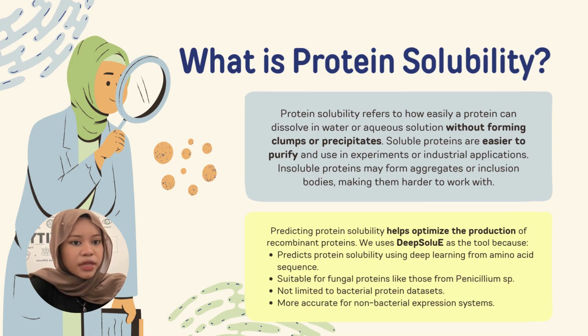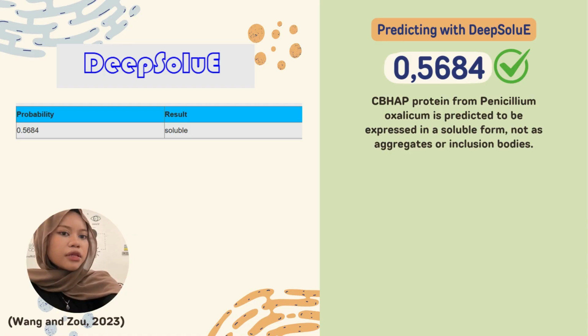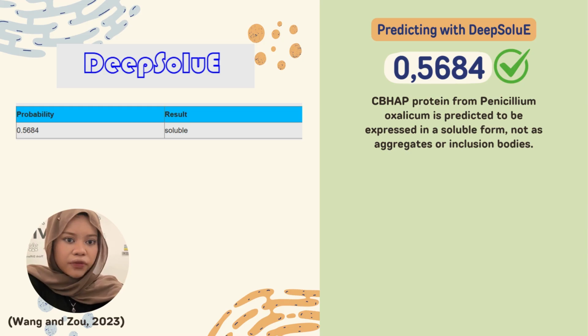Unlike many other tools, it is not limited to bacterial protein datasets, and it tends to be more accurate for non-bacterial systems such as fungi. That makes it a great choice for predicting the solubility of the cbhA protein, which is the target of our gene. And here we are using the DeepSoluble tool that predicts the protein solubility for our target, the cbhA protein from Penicillium chrysogenum.